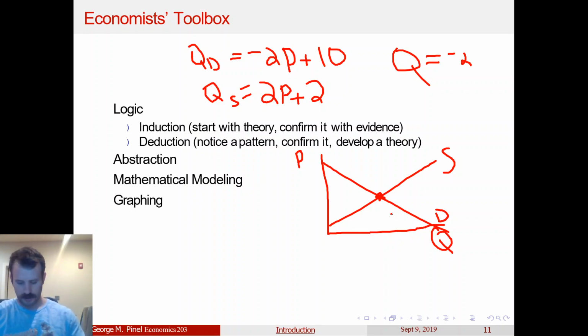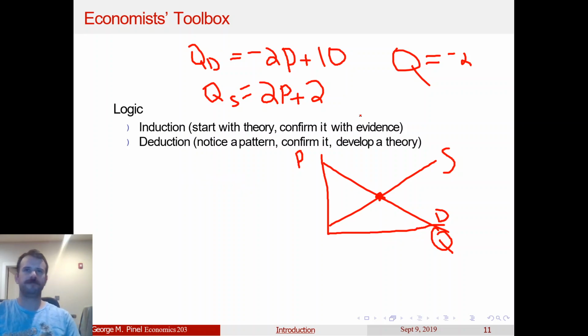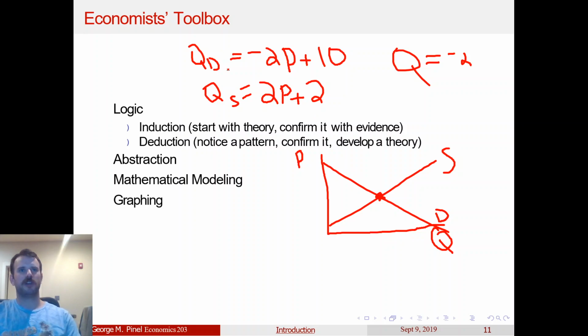Okay, so we just solved our first mathematical model using logic and graphing and abstraction, right? Let's bring it all together. The logic was the mathematical logic that says that, broadly speaking, if price goes up, you would demand less, right?